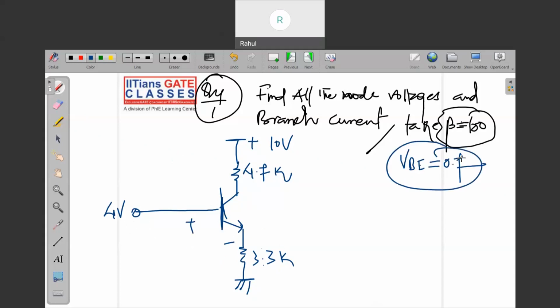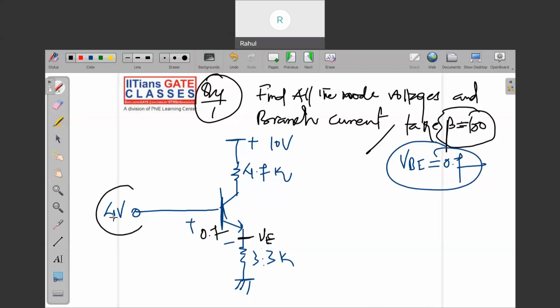So now let us compute all the node potentials. As I told you, first of all you need to calculate VE. It is an NPN transistor, so the way you move across the transistor, you have to either add or subtract the potential. Suppose you are moving downward, from plus to minus, and VBE is 0.7.